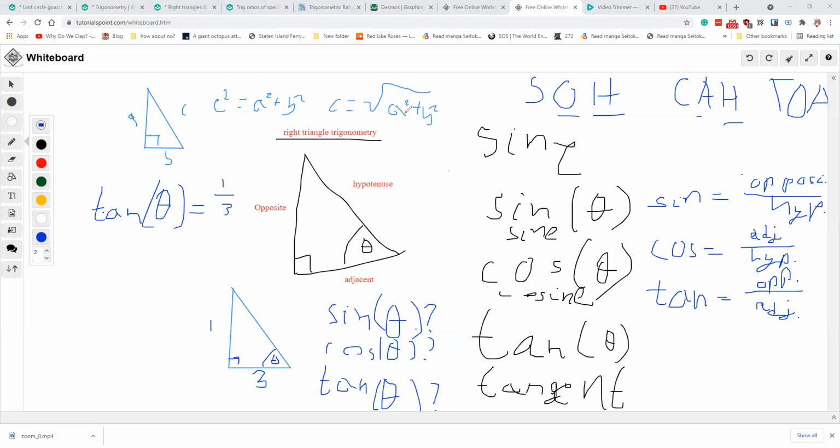This is called the Pythagorean theorem and is very useful in right triangle trigonometry and in certain ways also in unit circle trigonometry.